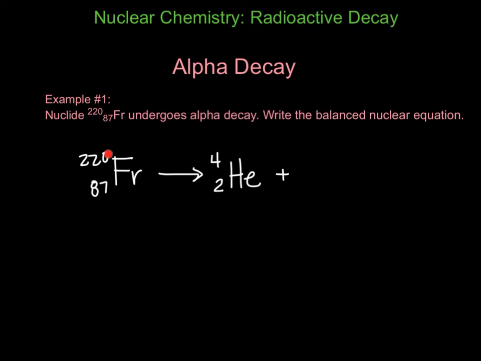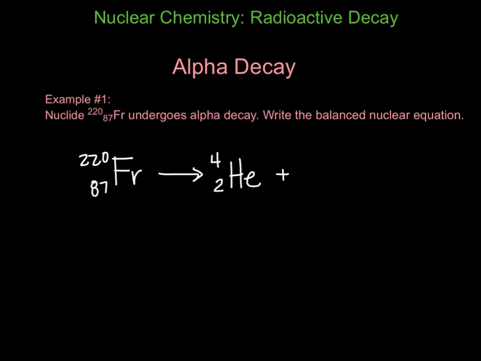So if I have 220 over here on my atomic mass, I have to have a total of 220 over here between my alpha particle and whatever my francium isotope is going to become.